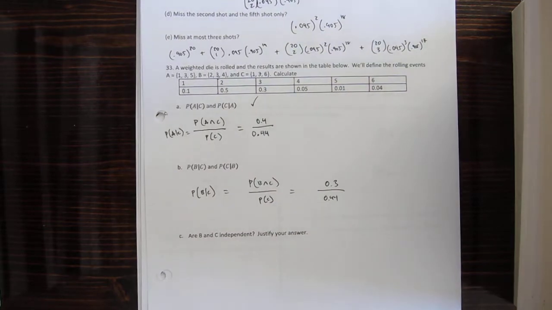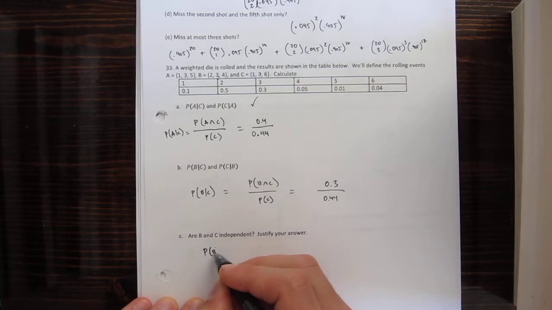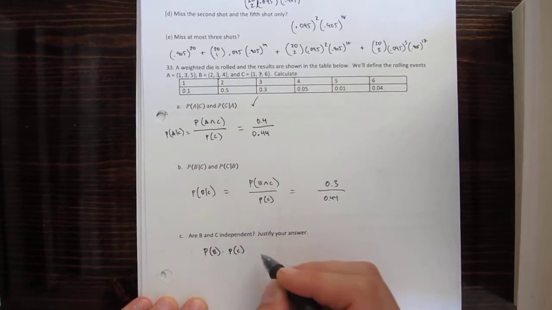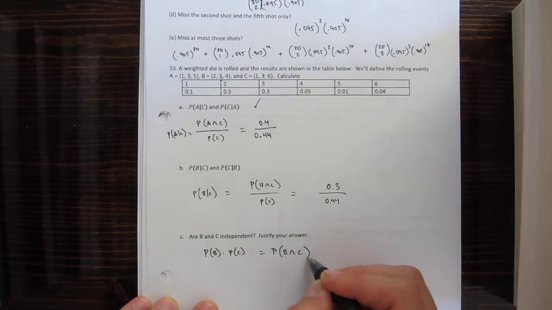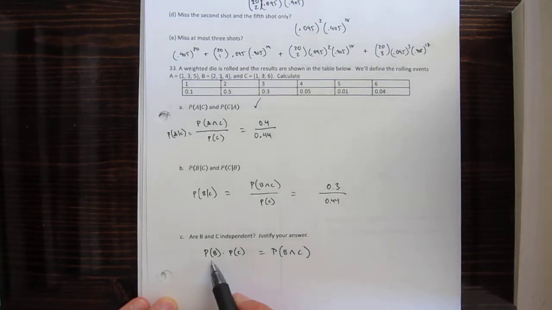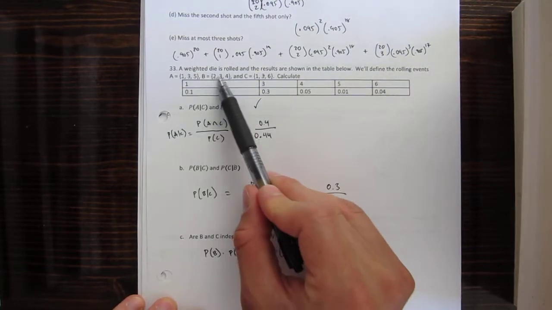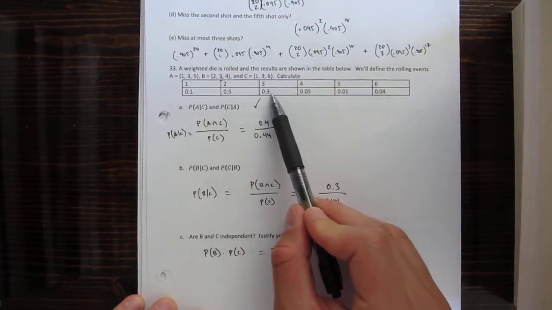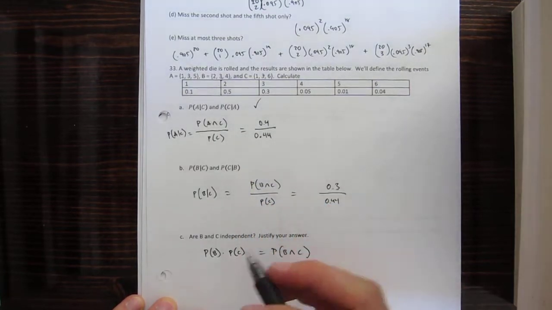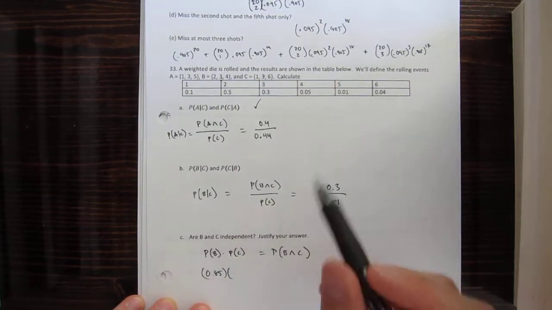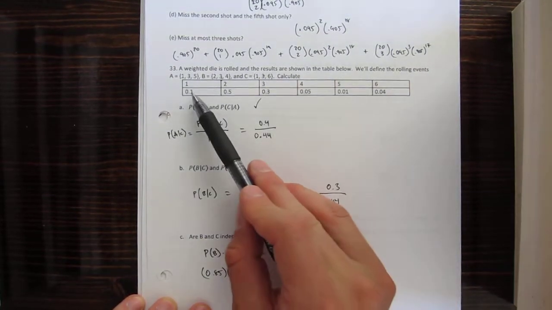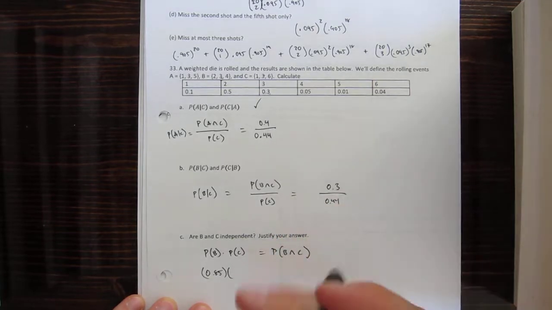To determine whether B and C are independent, we need to see if the probability of B times the probability of C is equal to the probability of B and C. So the probability of B, 2, 3, 4, would be 0.5 plus 0.3 plus 0.05, which is 0.85. Probability of C, 1, 3, or 6, would be 0.1 plus 0.3 plus 0.04, which is 0.44.